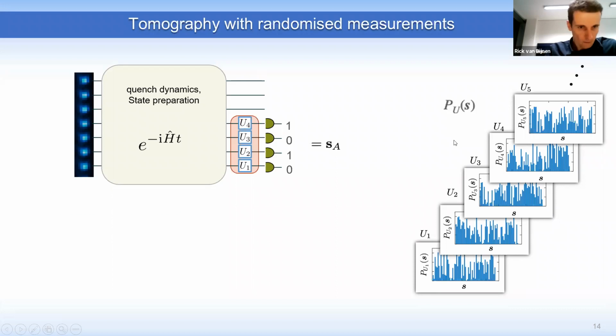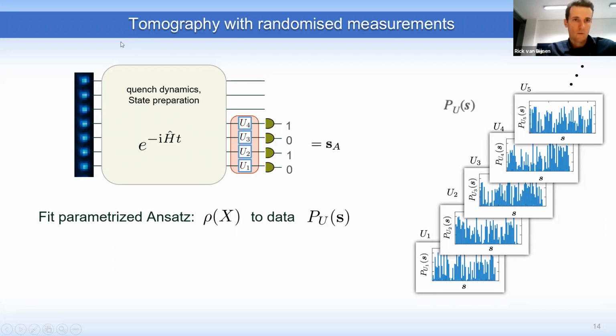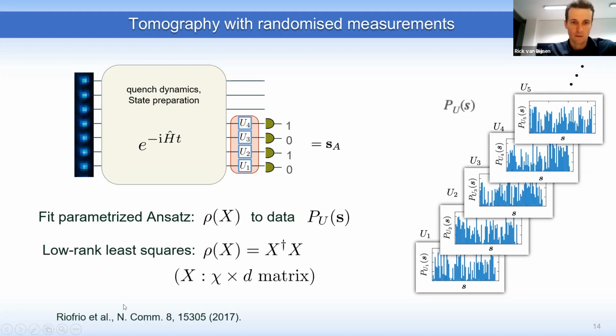Then you can classify most tomography methods in the following way: you take this data and try to fit some parameterized Ansatz for your density matrix rho with some parameters X to the data you collected, P_U of S. A famous example is called low rank least squares. I take as parameters a rectangular matrix with some rank chi, because usually the states that you get here are not full rank, so they may be low rank.